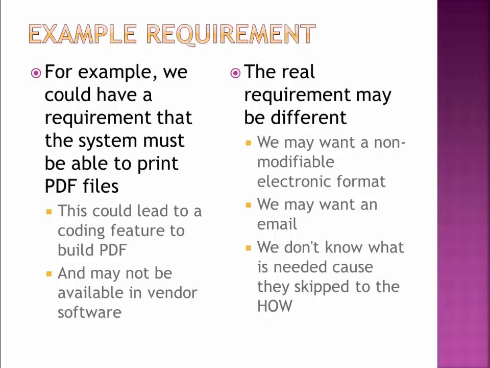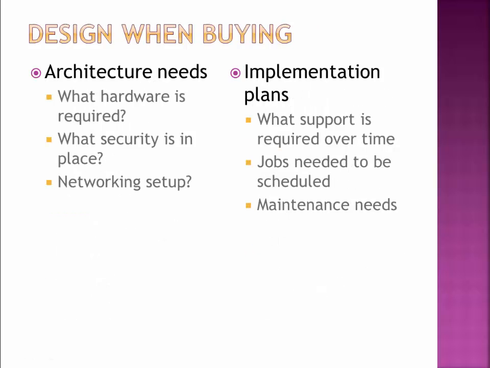We don't know that PDF was absolutely the requirement. Maybe there's a better way to do it. Maybe we get a JPEG image off of it, because the PDF is still modifiable in the right software terms. So there might be a lot of different ways that you could have skinned that solution to come up with a good way of presenting the information, where we jump to a how solution, a PDF file, instead of saying, well, what do you really need?